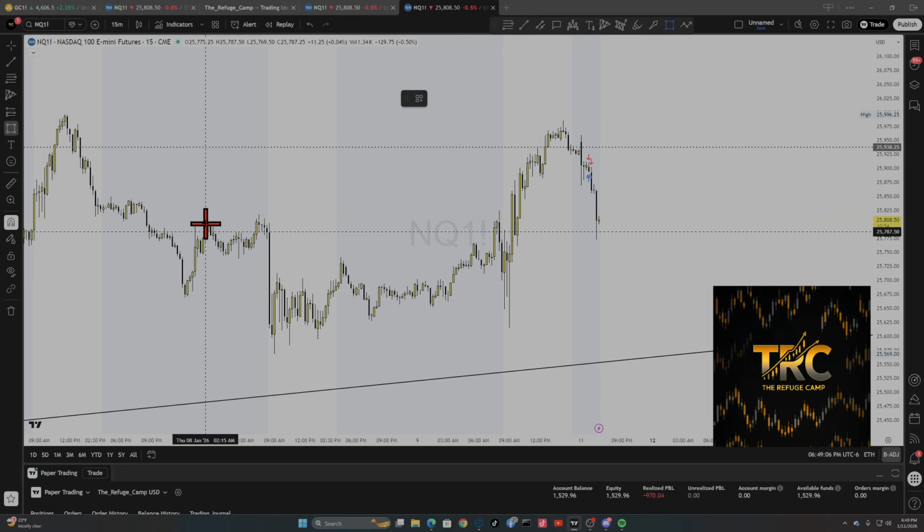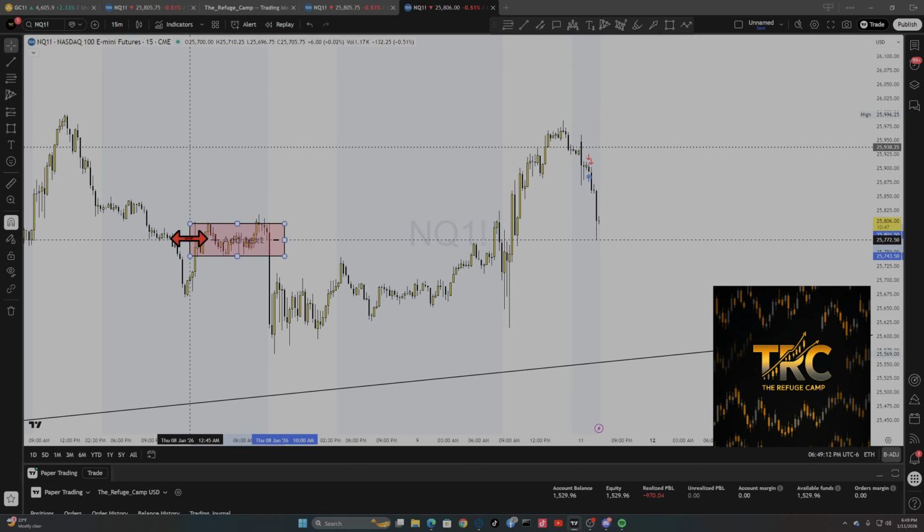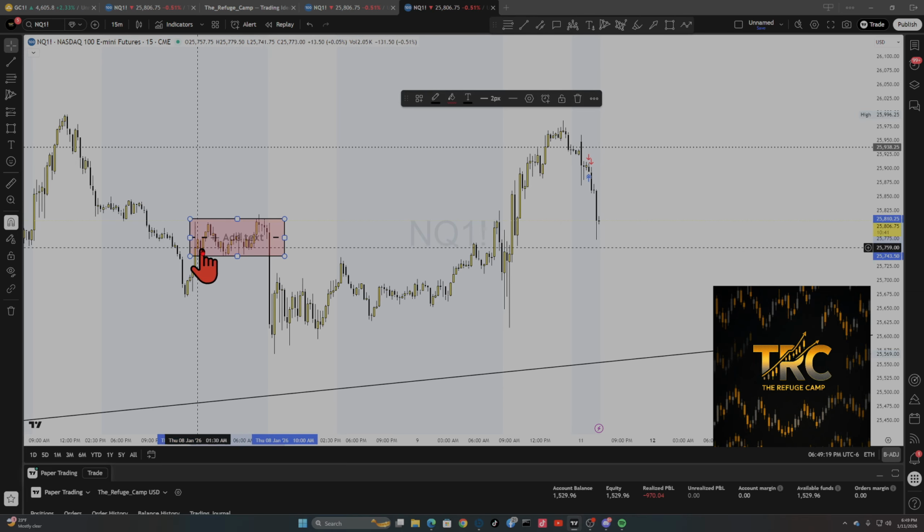We look at this range of consolidation here. If we can identify this appropriately, we know this is an accumulation phase, right? We know this is manipulation or distribution, right?